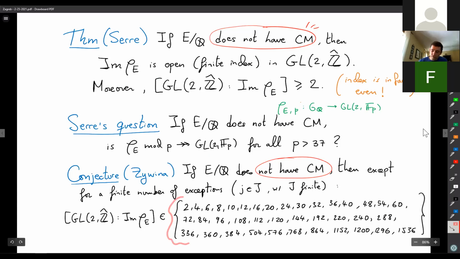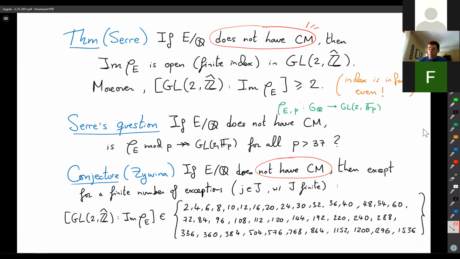It's a large collection of numbers, but there is a collection of indices that are possibilities.